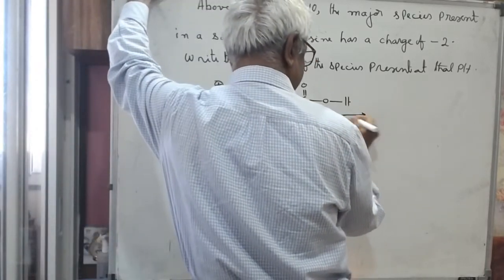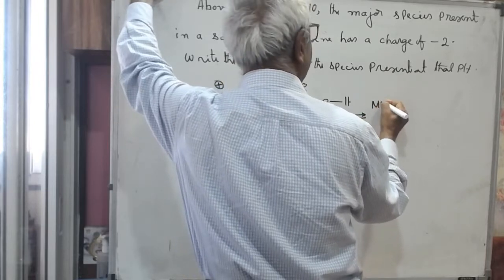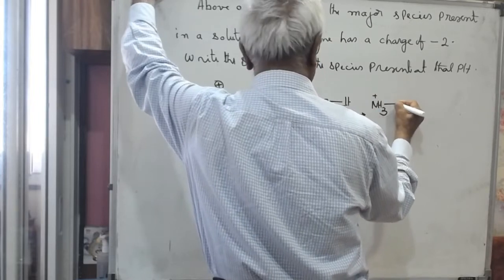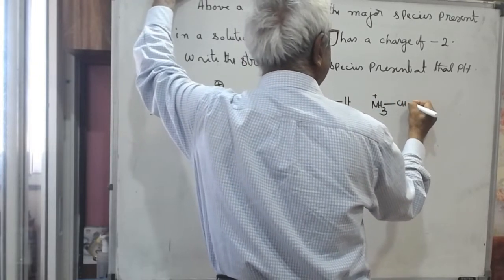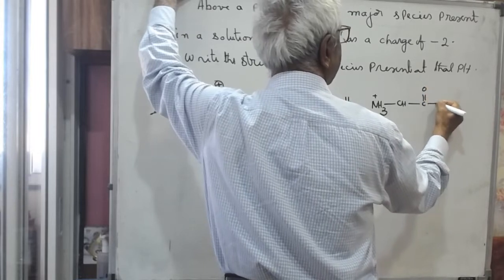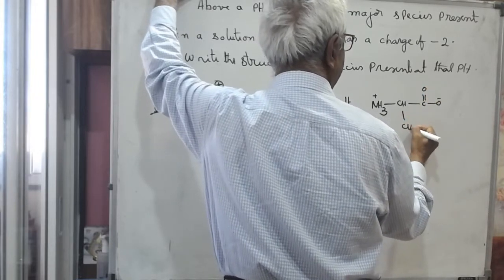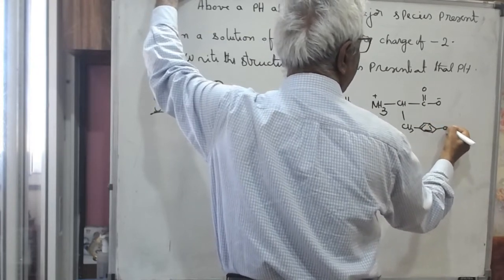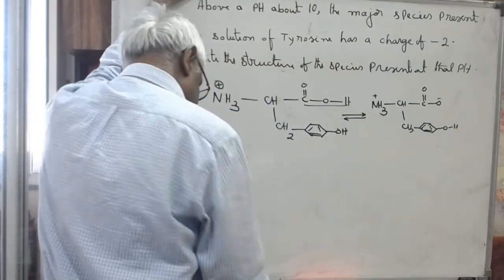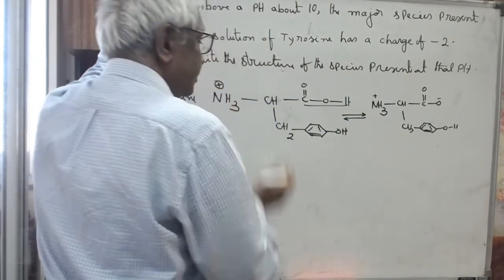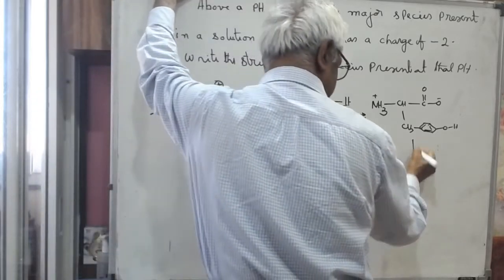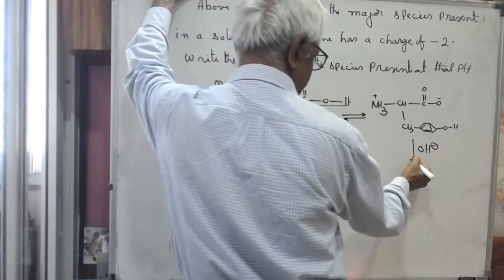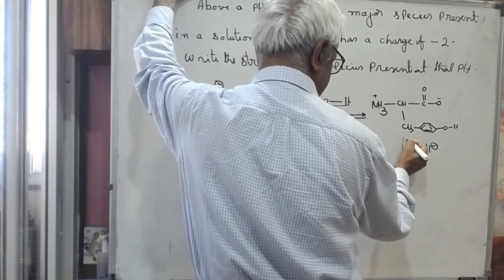When you increase the pH, what will happen? Who is the most acidic? The carboxylic group. So NH3 plus, then CH, this will form. Then when you increase OH minus, what will happen? Next, who is more acidic?